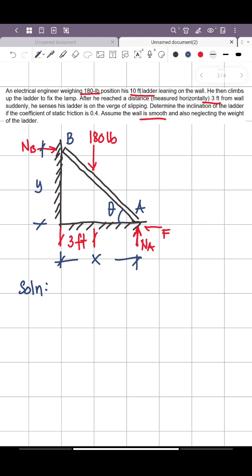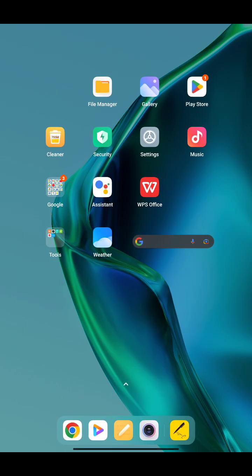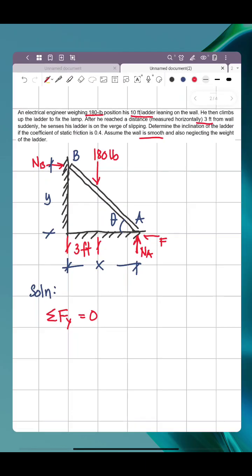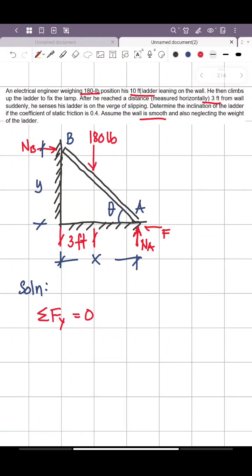So first is the summation of forces Y equals 0.